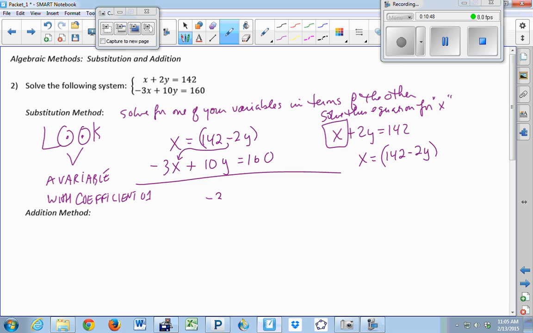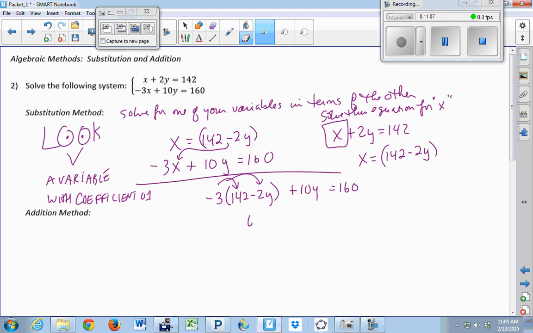So we get negative 3 times x, and what are we calling x? Right, 142 minus 2y, plus 10y equals 160. Now we use our distributive property, and help me just in case I make a silly mistake.